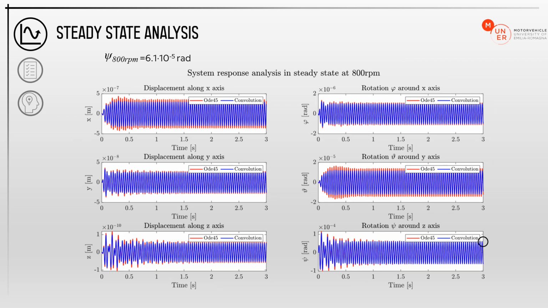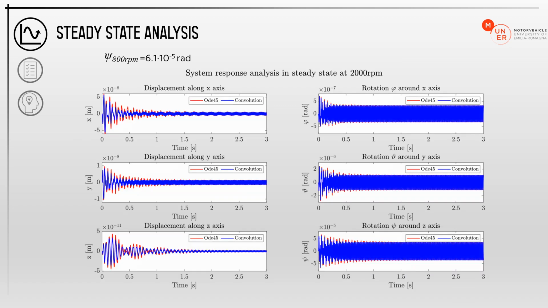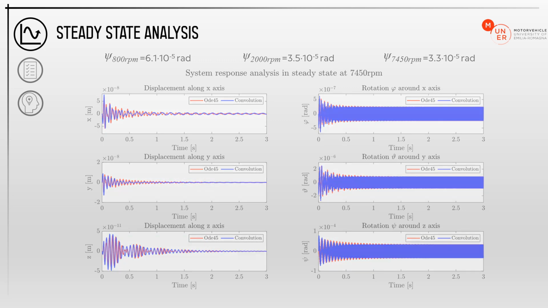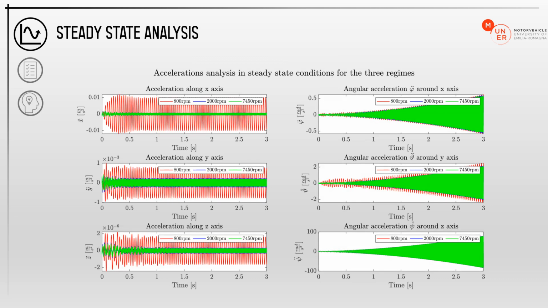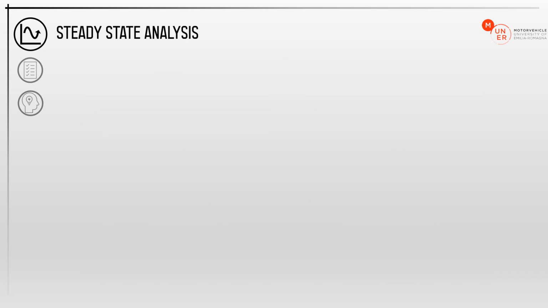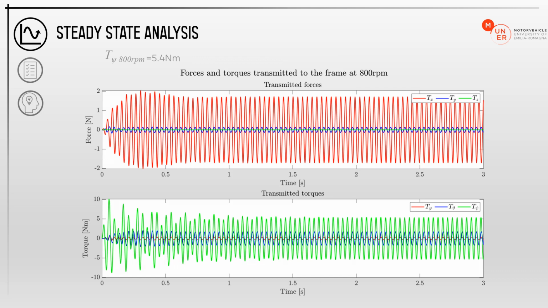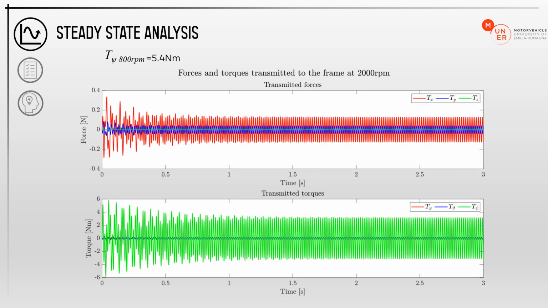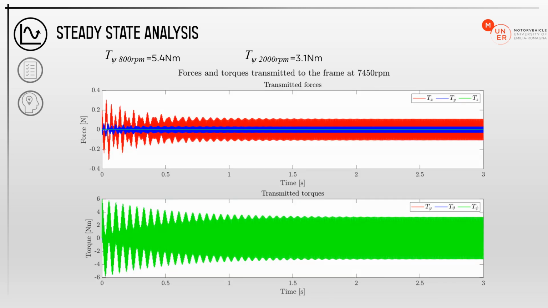These are the displacements of the engine for the idle regime, the ones for the resonance regime, and the ones for the maximum regime. Then we have the accelerations. At the end, we have the forces transmitted for the idle regime, the resonance regime, and the maximum regime.